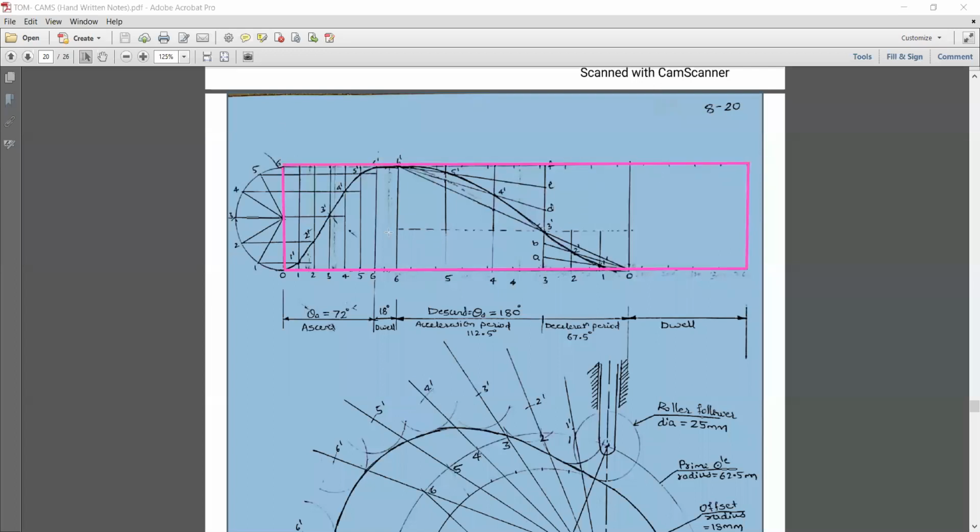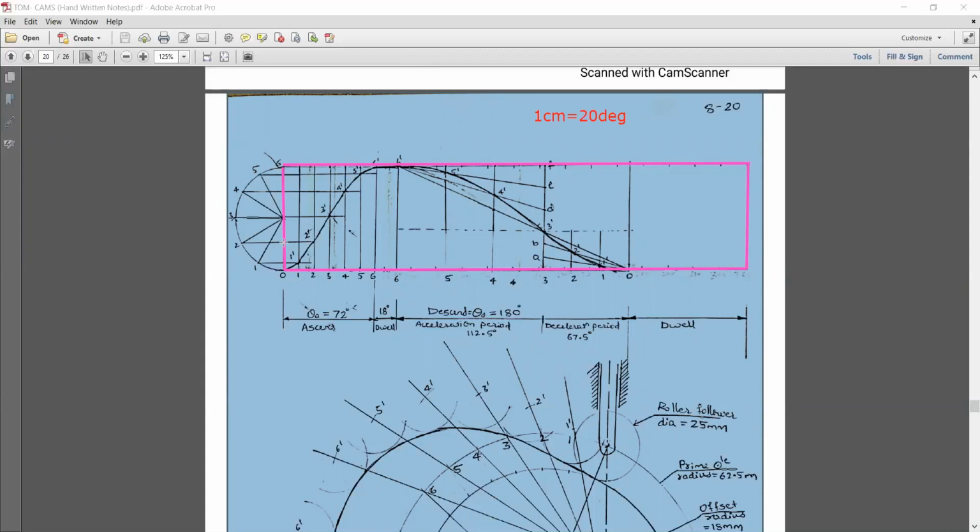I see, sir. Now what you have to do is add one more sentence, that is 1 centimeter is equal to 20 degrees. Now take this total, how many degrees? 72 degrees.